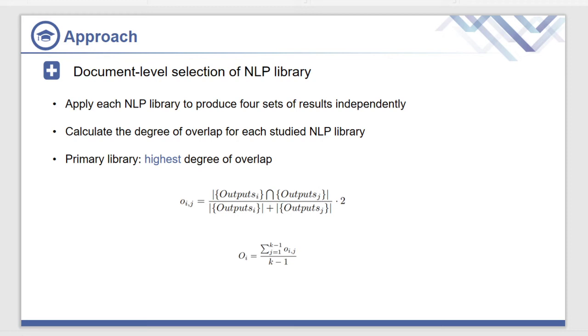The reason for choosing a primary library is that the studied NLP libraries are all widely used and well maintained by professional teams, so the expected effectiveness of these libraries is high enough to ensure that the identical overlapping results in their outputs are highly possible to be correct. The selected NLP library in this step is supposed to have the best overall effectiveness.